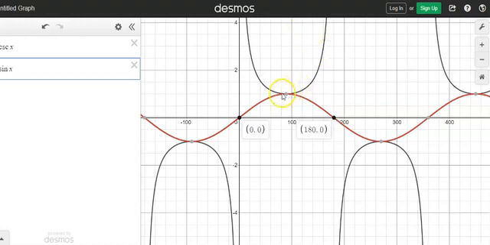The other cool thing is the bottom of your parabolas. They happen at the peaks and valleys of your original function.